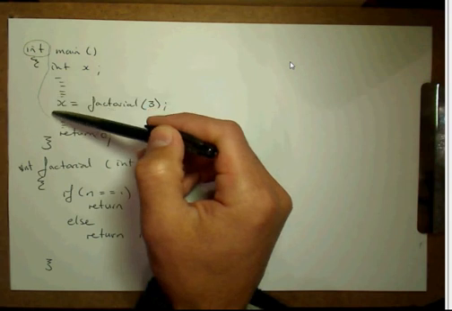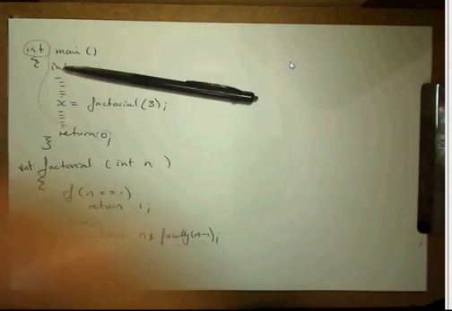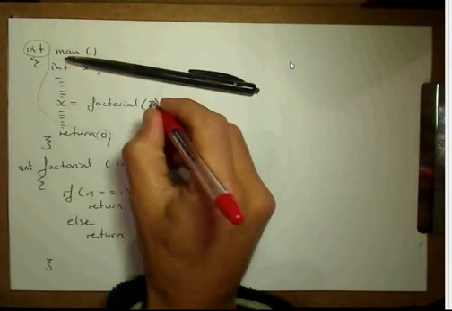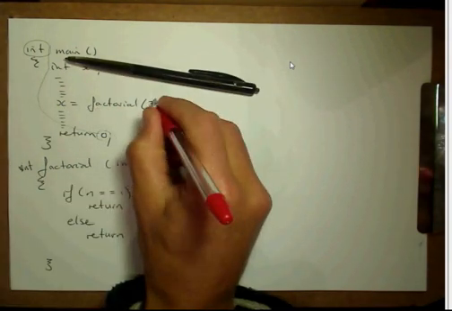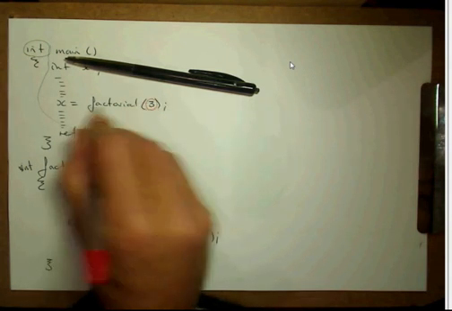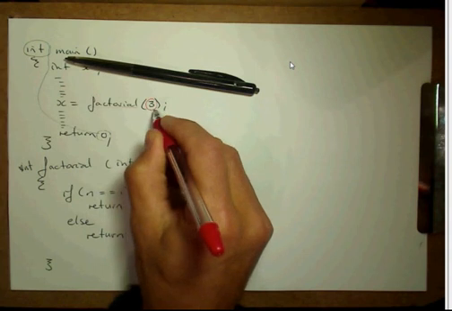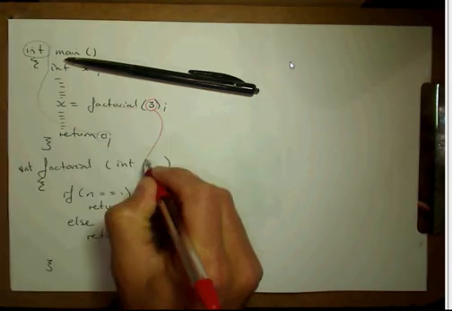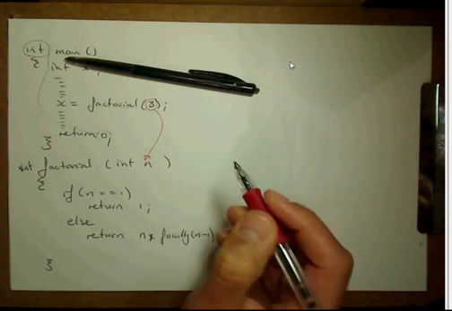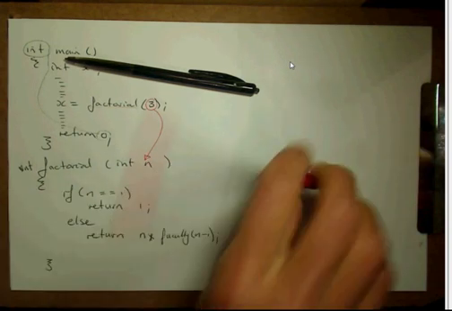At this point, what happens is that this value here, 3, is taken because the function factorial is called with an argument 3. This value 3 is pasted into n. So n for this factorial function is equal to 3 now.